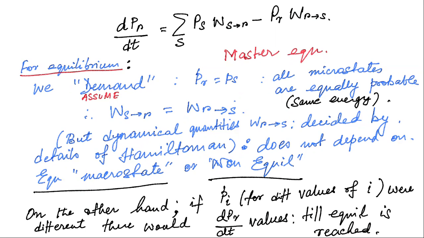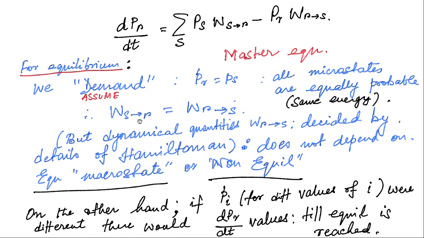One can argue that independent of whether a system is in equilibrium or non-equilibrium, suppose there is a Hamiltonian and a particular quantum state, or equivalently microstate, right? So locally, the system doesn't know whether it is in equilibrium or not.